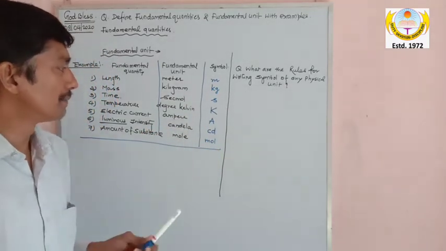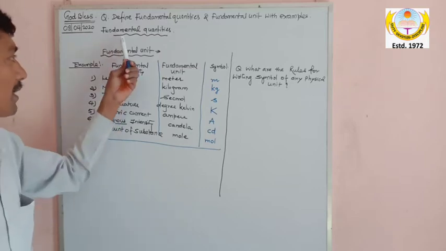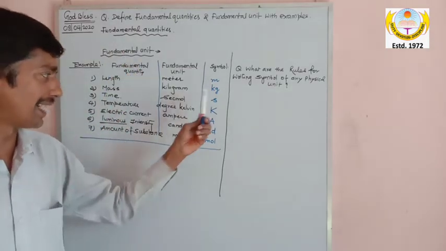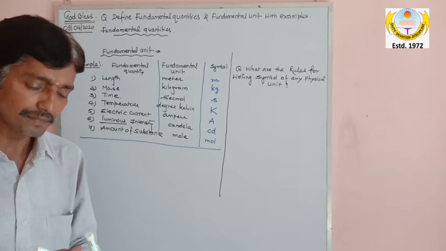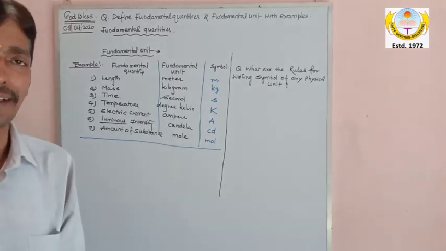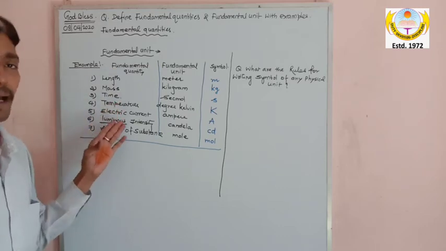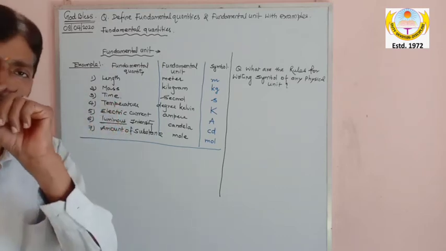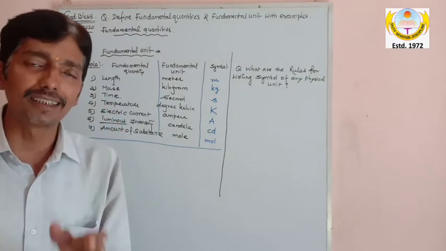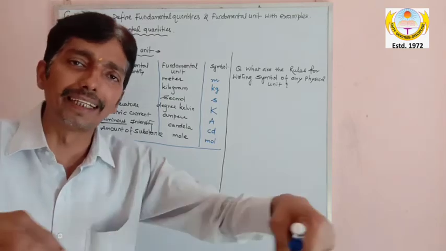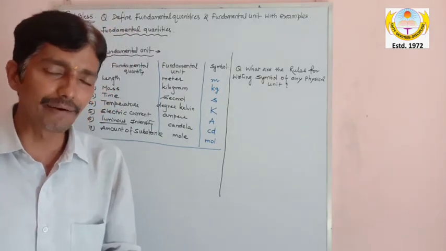Now my dear, first look at what is a fundamental quantity, and then I will tell you about the symbol. Here I have written 7 fundamental quantities: length, mass, time, temperature. And I am assuring you, when we measure length, we only take a measuring tape, right?